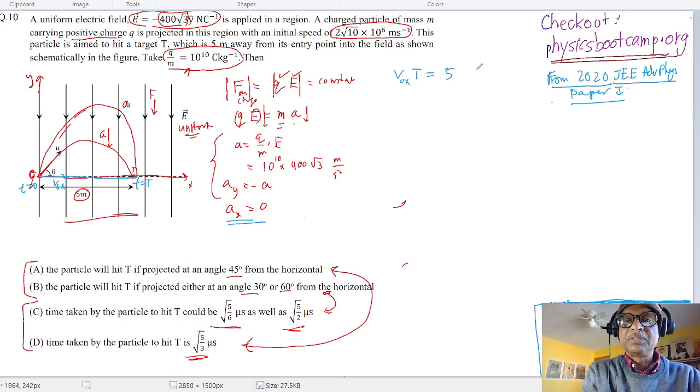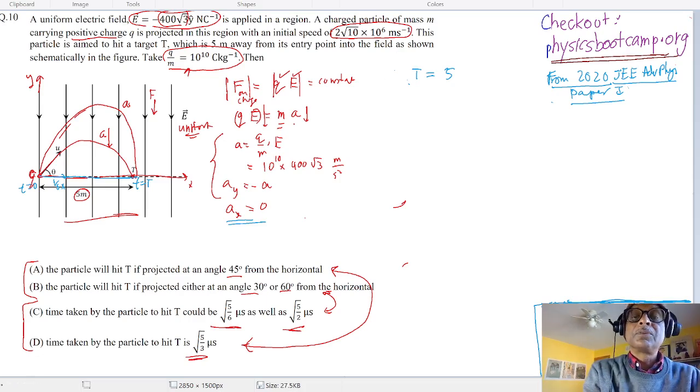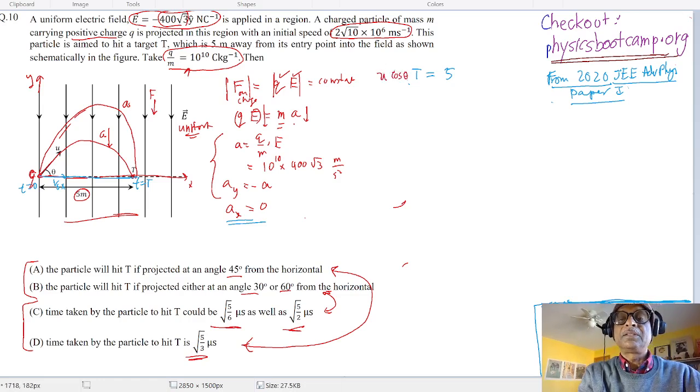These are not known. v0x will be u cosine theta. So u is known, but theta and T are not known, and u is this number.